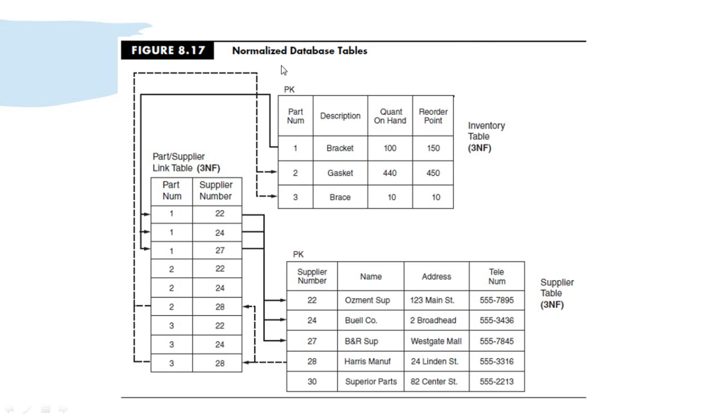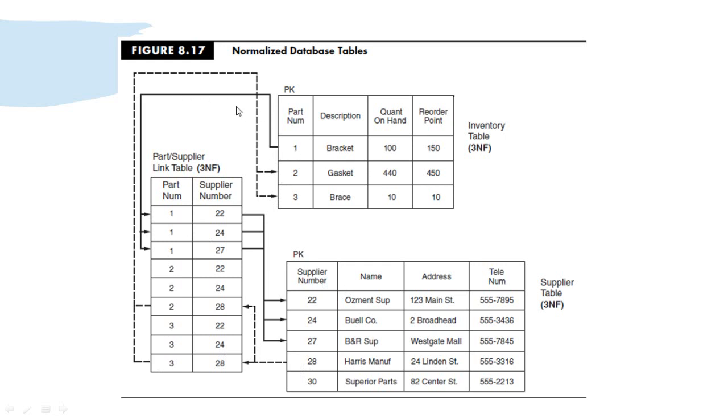Okay, we can see here it is the normalized database tables. Here, it's complicated. To help us, we use the link table here. So here, the first row is in here.